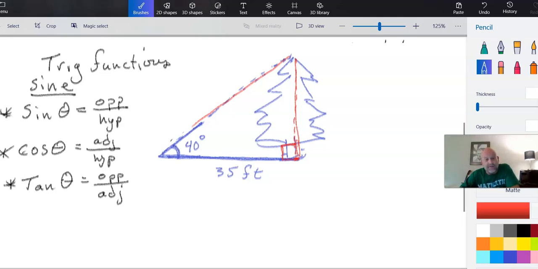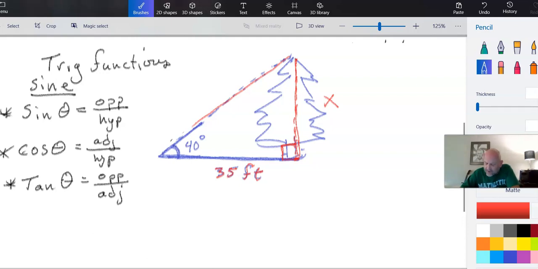Now let's look at what we have here. I have an angle, I have 40, and I'm looking for a height, so this is what I don't know, and I'm given another distance here. So we have one side and an angle of a right triangle. Technically we have two angles because we know one of them's a right angle.